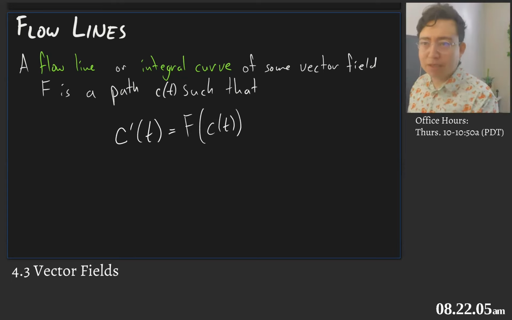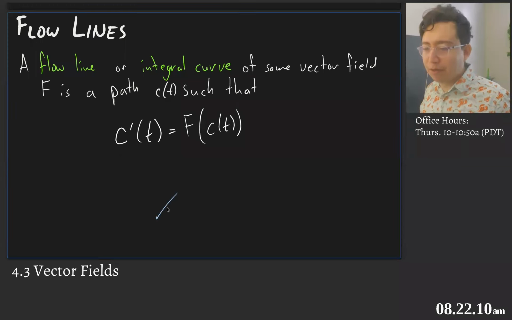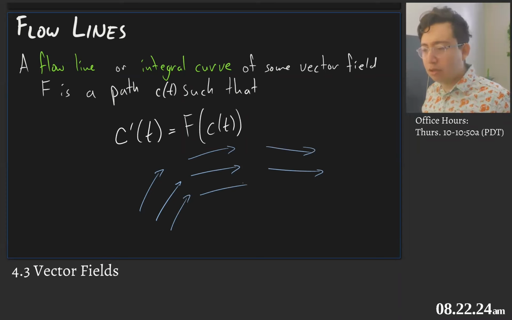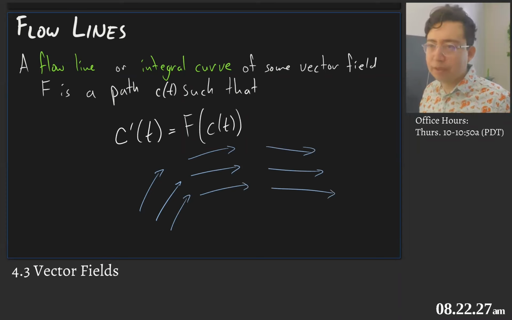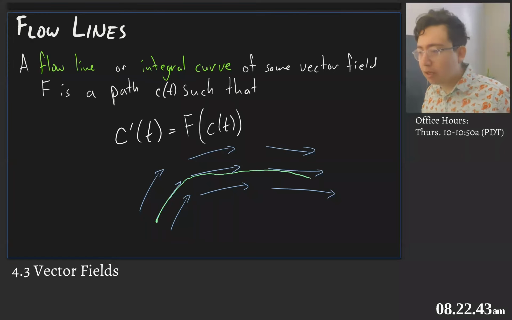Okay, so let's see. I'm going to draw some pictures to give us an idea of what's going on. So you have some kind of vector field. Imagine it moving kind of like this. Let's imagine we plop a point down here. Now I take the derivative. If I want this to move along this flow line, then it's going to do something like this.